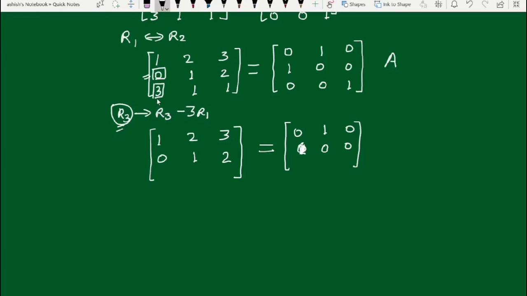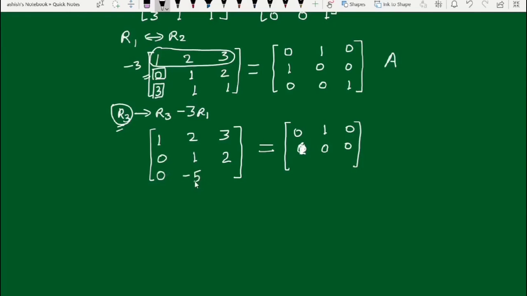R3 is 3, and 3R1: we multiply minus 3 in R1 and add in R3, that is 0.